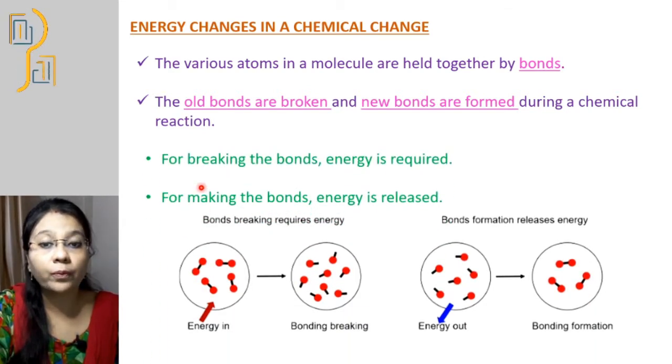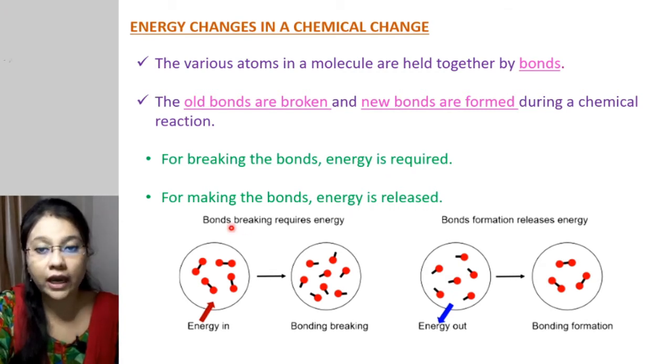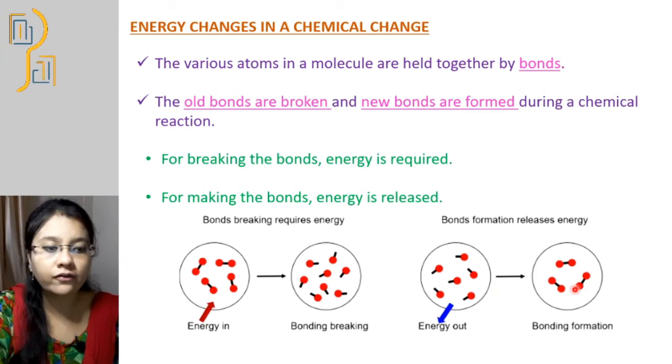Now, for breaking the bonds, energy is required, and for making the bonds, energy is released. You can see over here, energy is taken in when the bonds are broken, and energy is given out when bonds are formed.